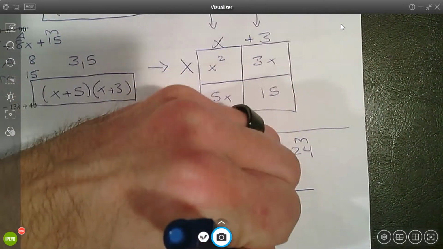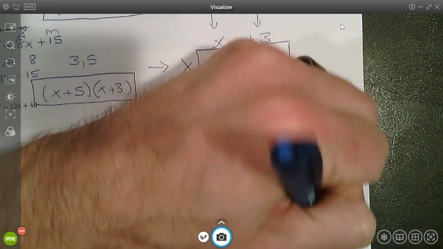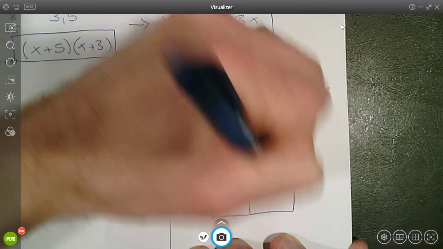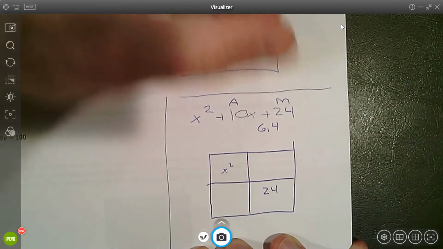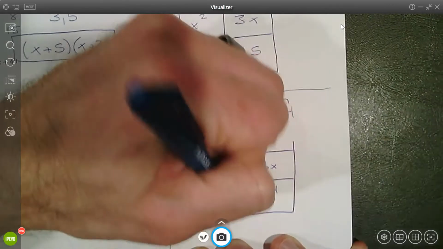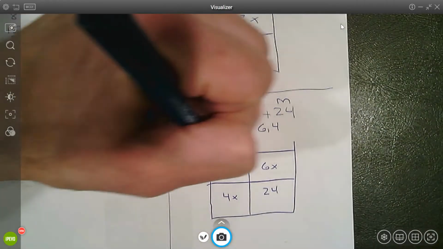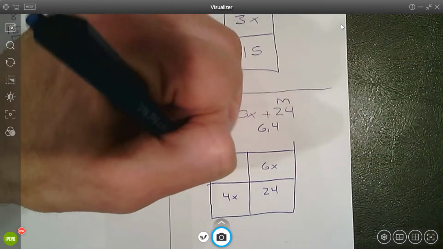So I have my square, x squared in the top left, 24 in the bottom right, and my numbers 6 and 4. It doesn't matter where I put the 6 and the 4, 6x and 4x. So now I'm finding the greatest common factor of this first row.